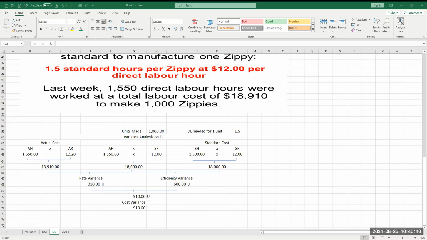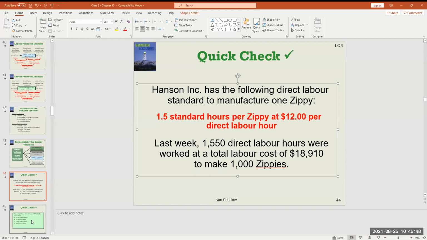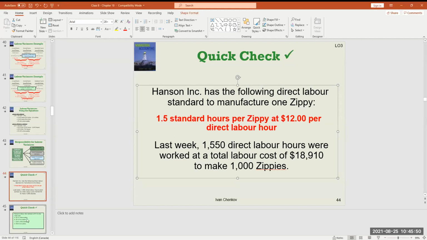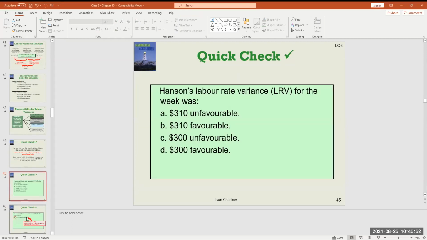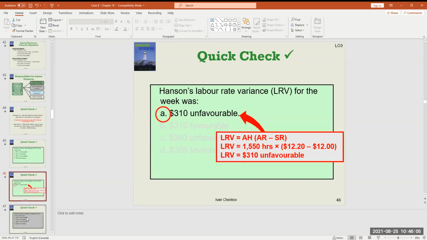Now let's go back to the slides and follow them. First question: labor rate variance. How much was it? A, $310 unfavorable. That's how we calculate it using the formula.